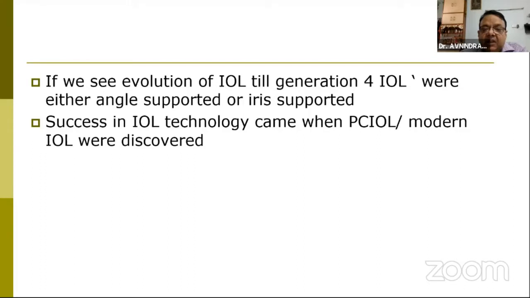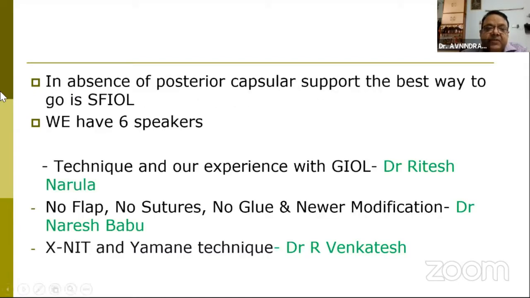Success in IOL technology came when the PCIOL, the modern IOLs, were discovered, and we started putting the lens in the bag. Lenses placed in the bag were quieter and did much better as compared to the lenses placed in the ciliary sulcus. So in absence of posterior capsular support, the best way to go is SFIOL.